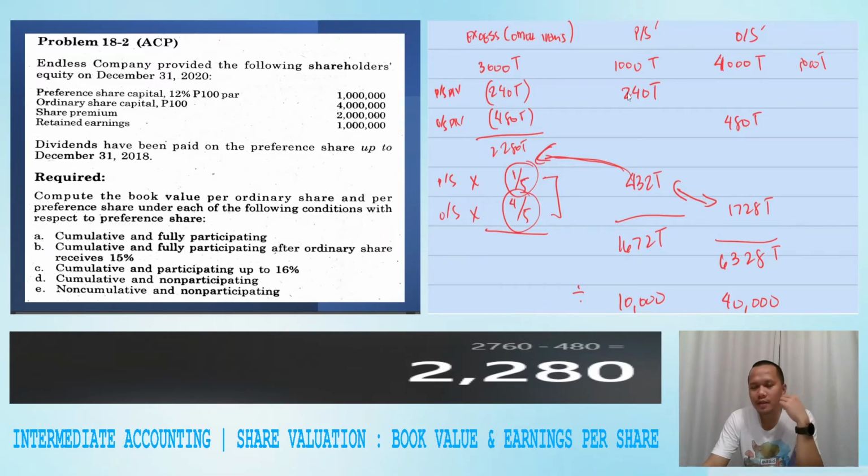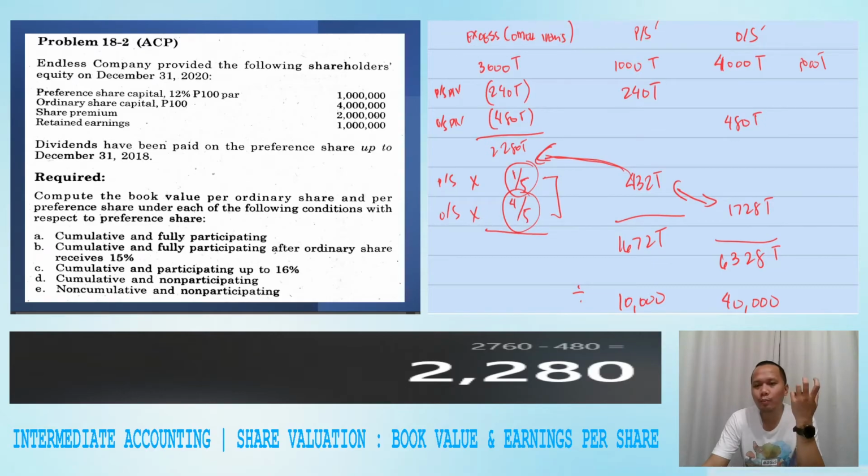So when we say it is 16% participation only, it means that the total amount that would be received by the preference share in excess of the par is equivalent to 16%. So if you have already received the 12%, how much is lacking? 4%.